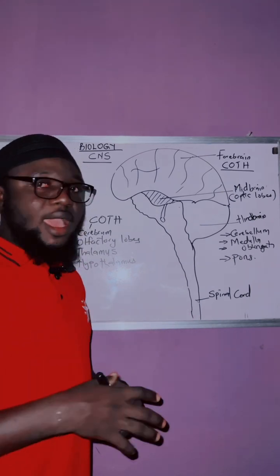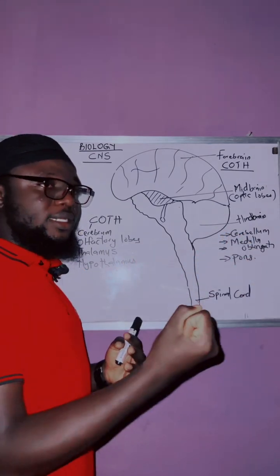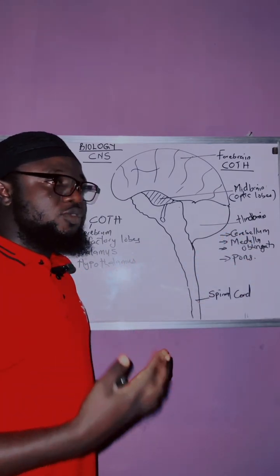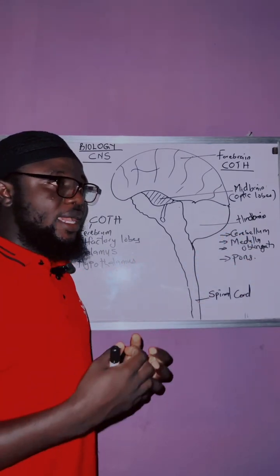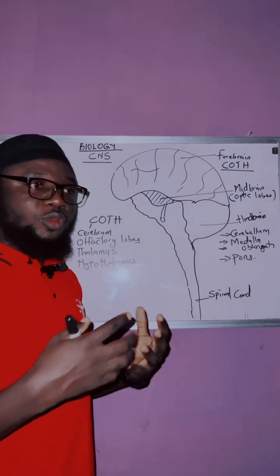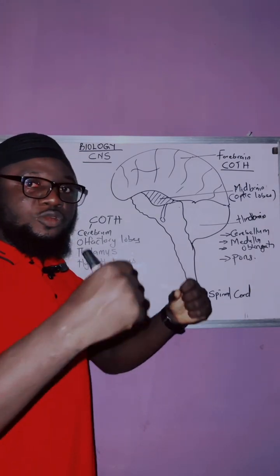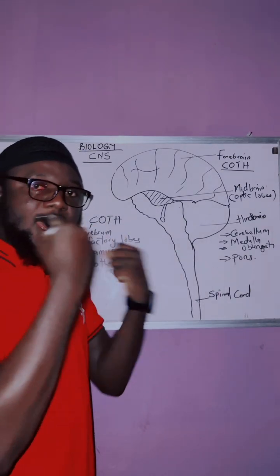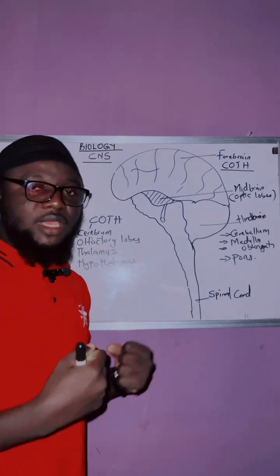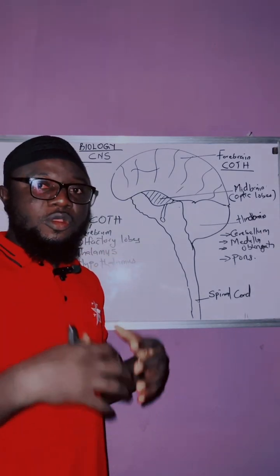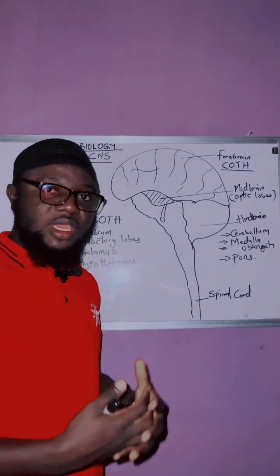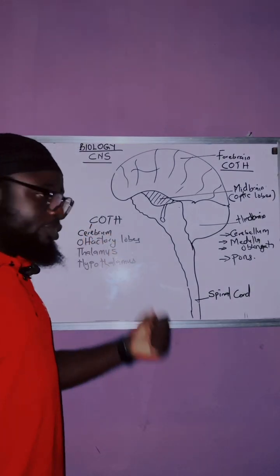For example, I can decide to fold my hand, sit down, talk, or squeeze my hand. All these things are voluntary actions. So the site for conscious or voluntary actions is the cerebrum.